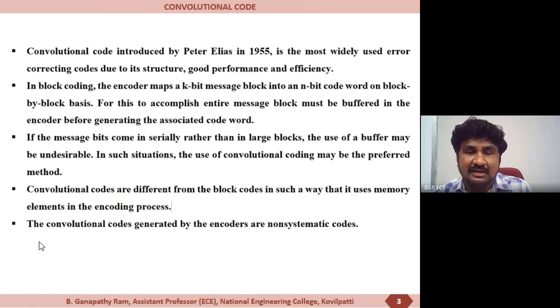The convolutional codes differ from the block codes in that they use memory elements in the encoding process. And the convolutional codes generated by the encoders are generally non-systematic codes.